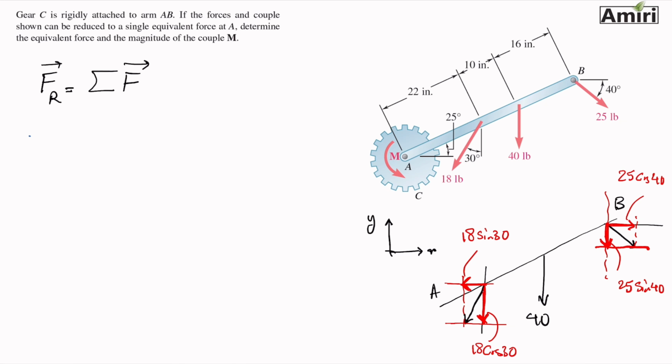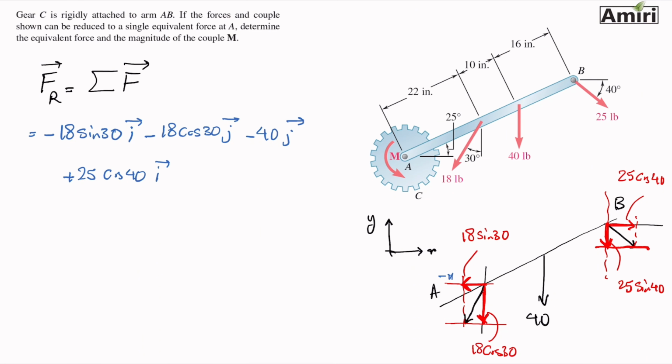So all I have is minus 18 sine 30, because it goes against the x-axis, and that's i, minus 18 cosine 30, that is j. 40 is straight down, minus 40j, plus 25 cosine 40, that will be i, minus 25 sine 40, and that will be j.